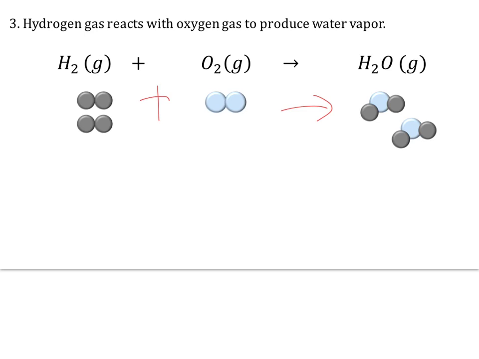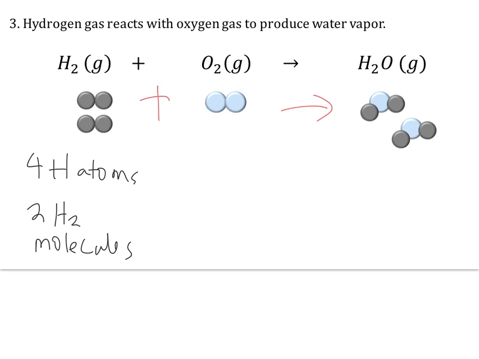And now we want to represent this balancing, or accounting of all of those atoms, back in our original equation up here. On this side, we've got 4 hydrogen atoms, but we only have 2 H2 molecules.